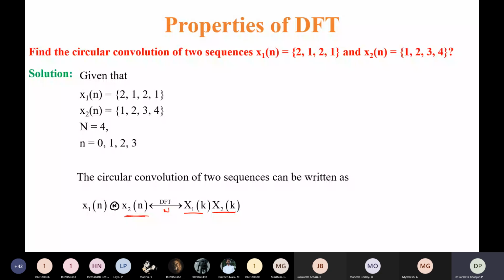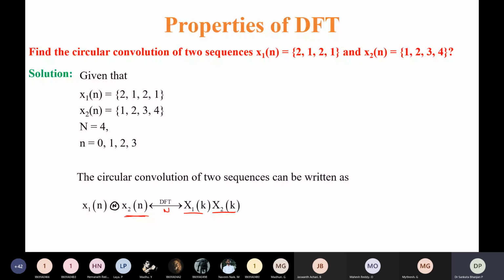Now we already found the circular convolution using the general method, concentric circle method, and matrix method. Now I'm going to show you how we can use this DFT property to find the value of x3 of n, the circular convolution. Listen carefully.